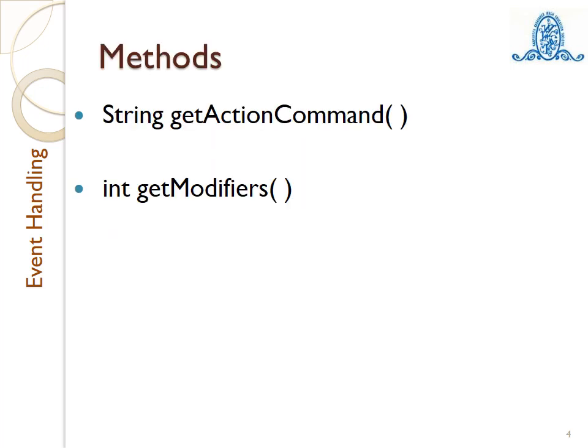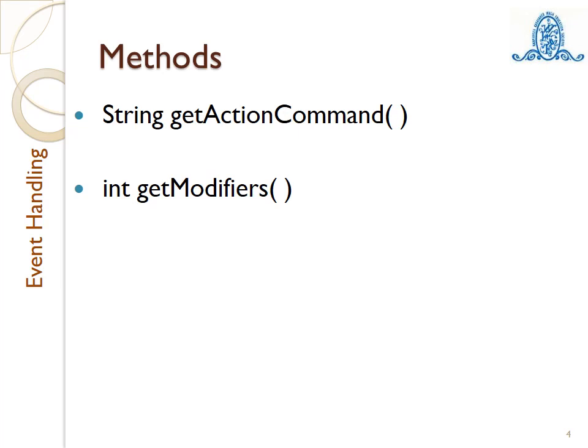Now let's see the methods defined by the action event class. The first method is String getActionCommand. It is used to get the command or label of the source.